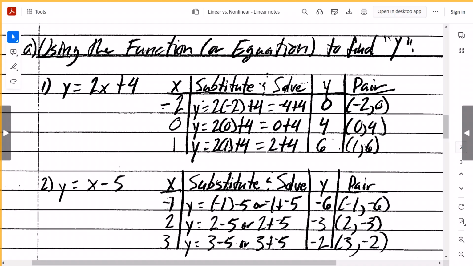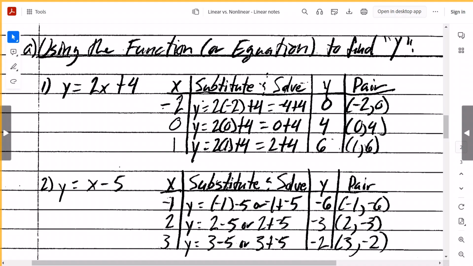Now, these x's, I just pulled them out of thin air. In years past, I would tell my students you only really need 2 points, but they want you to find 3. So just use -1, 0, and 1, because those are consecutive. They're in order.